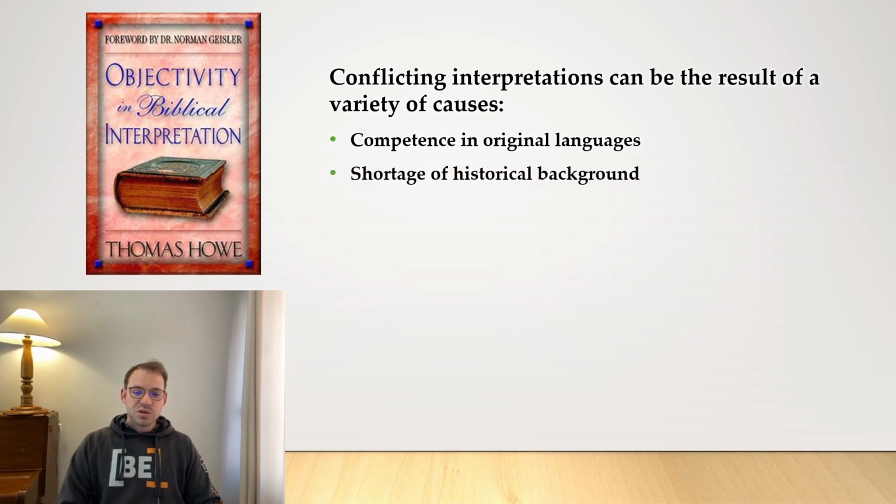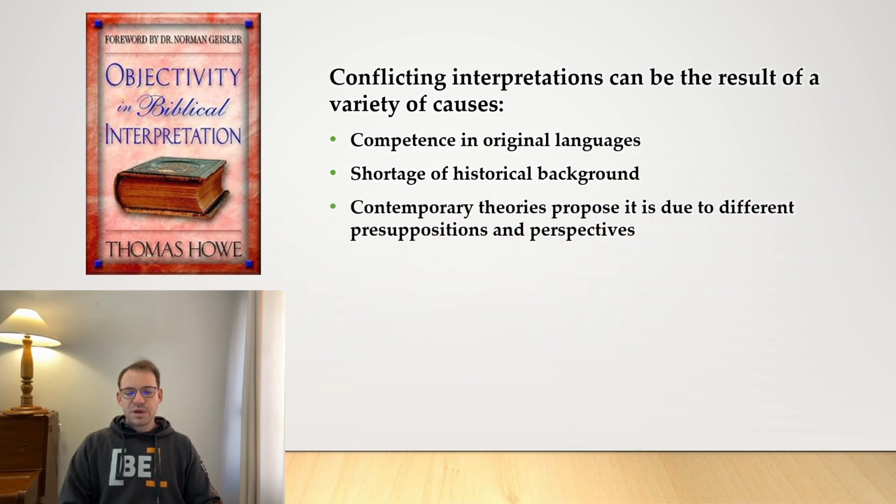He mentions the shortage of historical background. Maybe someone has neglected to do a thorough study of a biblical setting, or the historical setting of a text that he or she is trying to interpret.